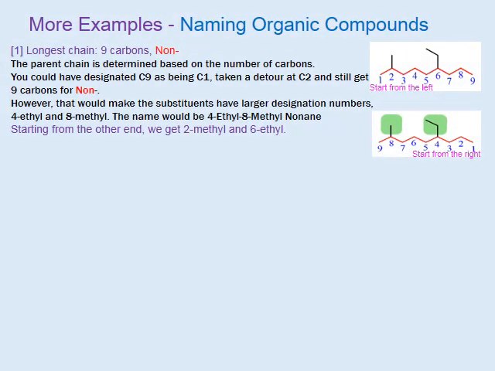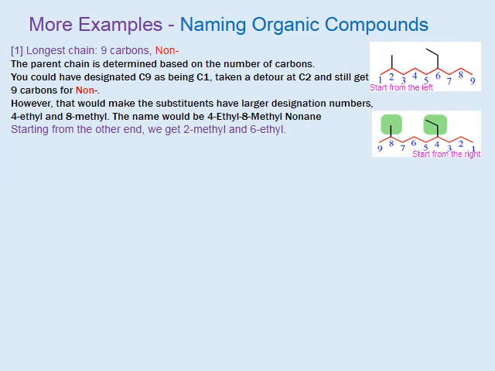Consider the next example. Here we have the longest continuous chain of 9 carbons, and the parent name for this compound is nonane. The question now is, which carbon is number 1? If we start from the right, the substituents have designation numbers 4 and 8.